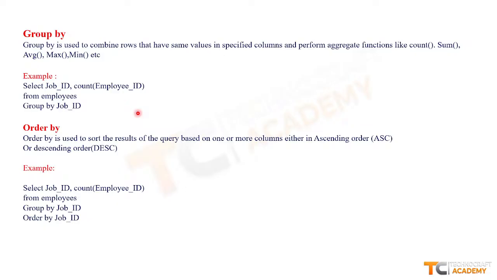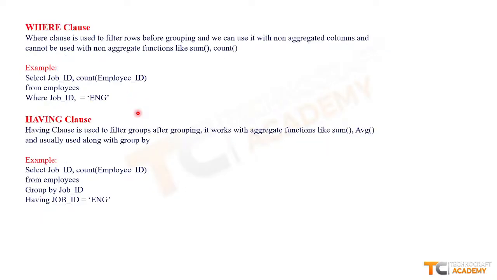And you can also get the results in ascending or descending order by using an order by clause. And then if you want to apply any condition after grouping, then you can use a having clause, and the where clause is used before grouping. After grouping you can use a having clause.